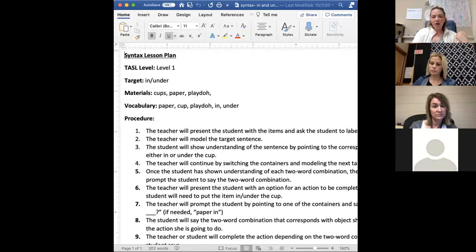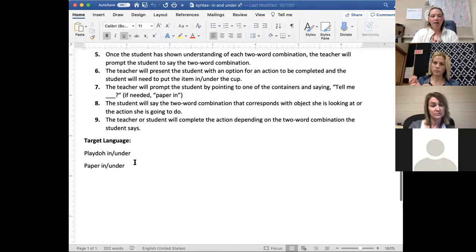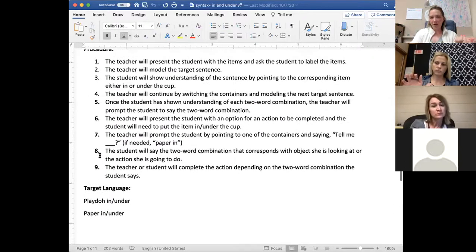Again, all of the procedures, same sequence of events: you have the kid label, you present it, and once they show understanding, they become the teacher. And then the language target. In this activity, they're making something with Play-Doh and hiding it in or under the cup or under the paper.